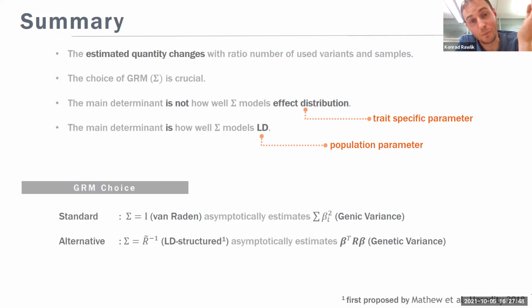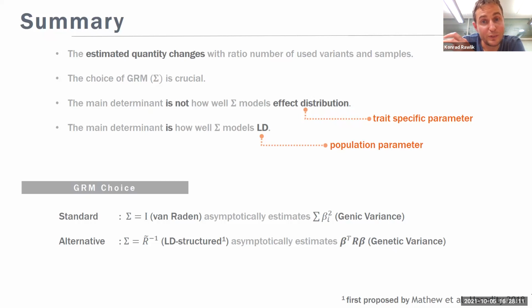Importantly, if you're interested in actually estimating the population property, what determines whether you are estimating it or not is whether this sigma, the prior on the SNP effects, models the LD structure well, not the distribution of effects.